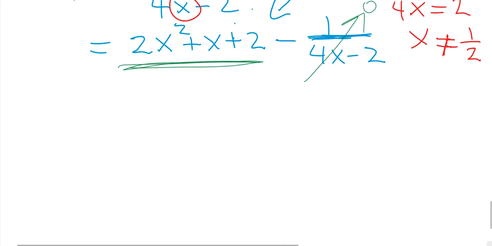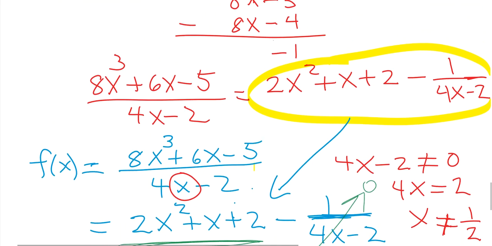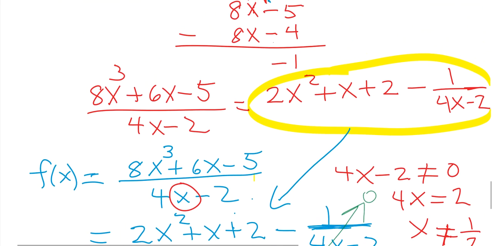But be aware that our problem really is solved right here with the yellow circle. This section was to teach you how to do long division with polynomials. And here we've done it. The quotient is 2x squared plus x plus 2, minus 1 over 4x minus 2 as the remainder. So the yellow circle there is your answer.